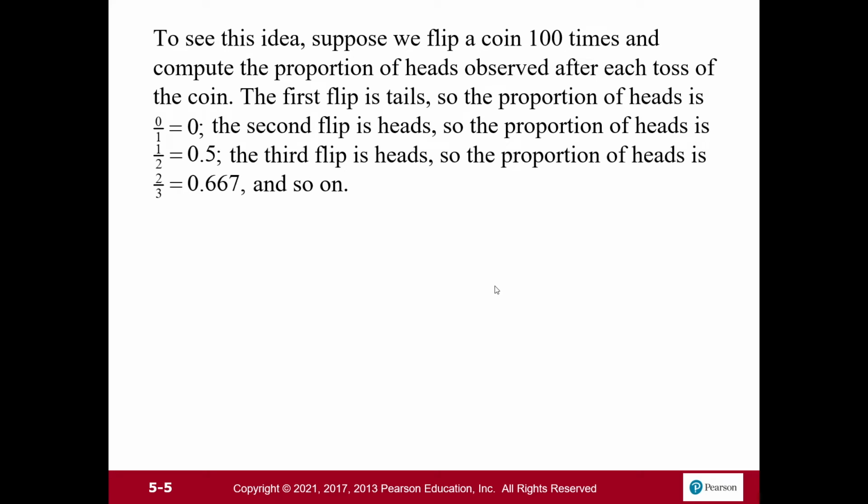So to see this idea, suppose we flip a coin 100 times and compute the proportion of heads observed after each toss of the coin. So the first flip is tails, so the proportion of heads is already 0 out of 1. The second flip is heads, so now the proportion is 1 out of 2. So on and so forth.